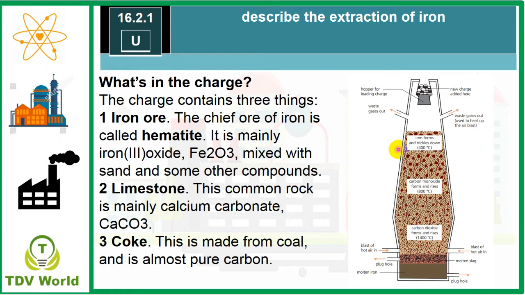So iron ore can be any iron ore, but in our example, we have taken hematite, right? You can have any other iron ore. There are 4 to 5 iron ores which are used for extraction of iron, but hematite is the iron ore which we use mostly, right? It's mainly iron oxide.